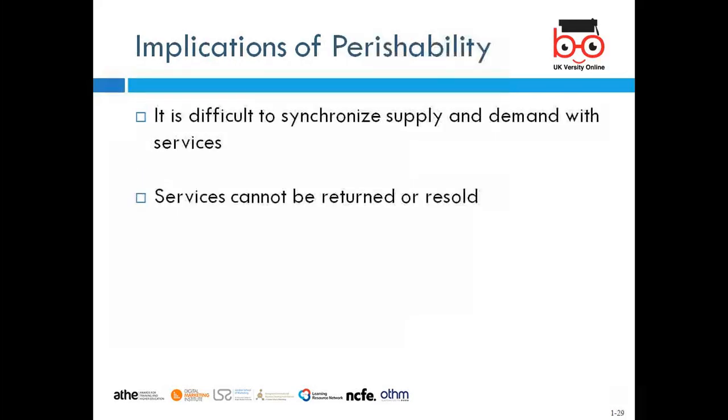So mass consumption and production will be very difficult for service, as well as supply and demand. Service cannot be returned or resold. When you offer it and deliver it, that's fine, but then it's very difficult, because the first impression is the last impression. Yes, first impression is the last impression.